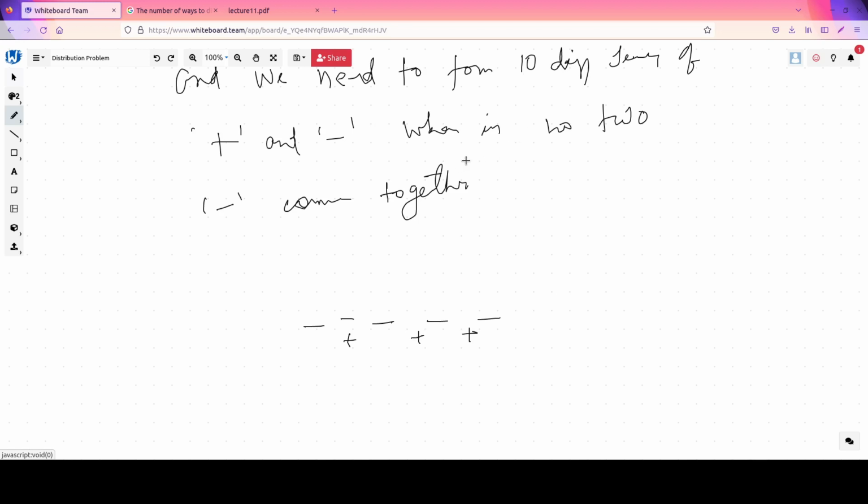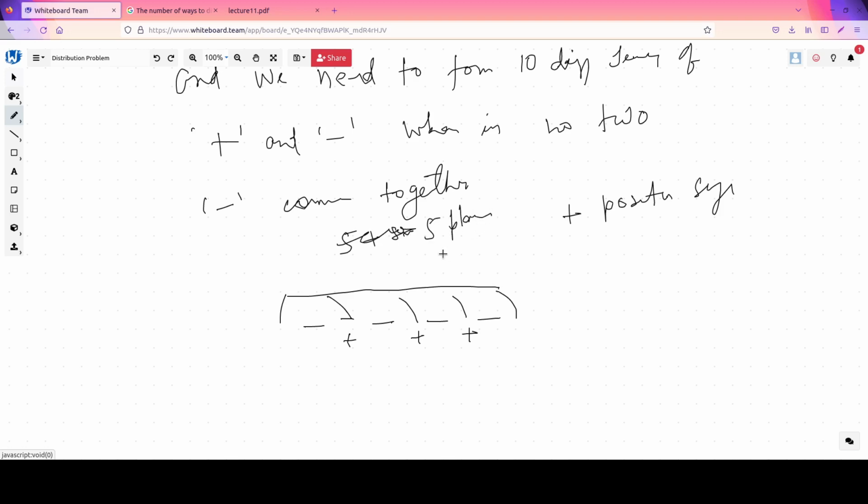And we are left with the 3 positive signs, which need to be placed into any of these 5 boxes, right? As you can see here, you can put the positive sign here, here, here, here, here. So there are 5 places where you can put the 3 positive signs, right?